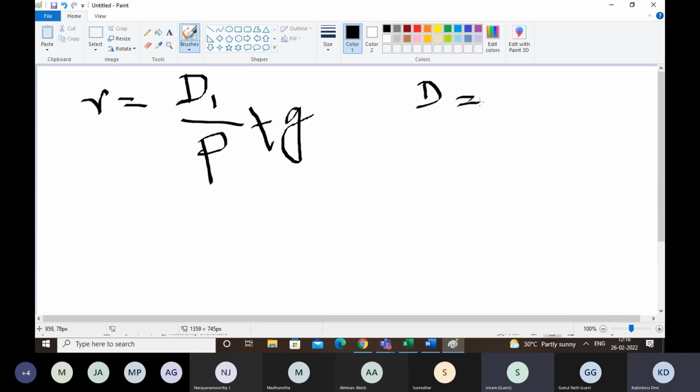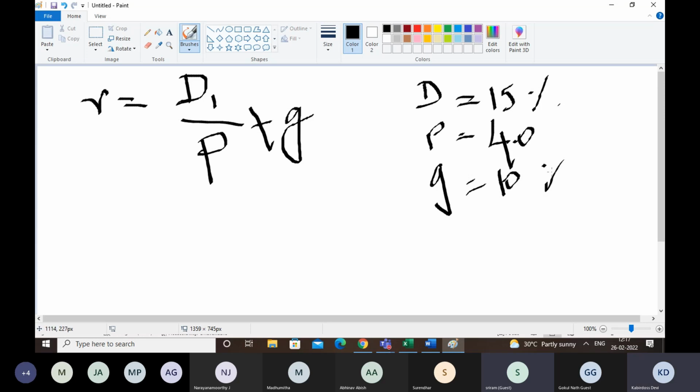The expected dividend is 15%. The prevailing price of the share is 40 rupees. And growth is expected at 10 percentage. Now put that in, you will know the expected return.